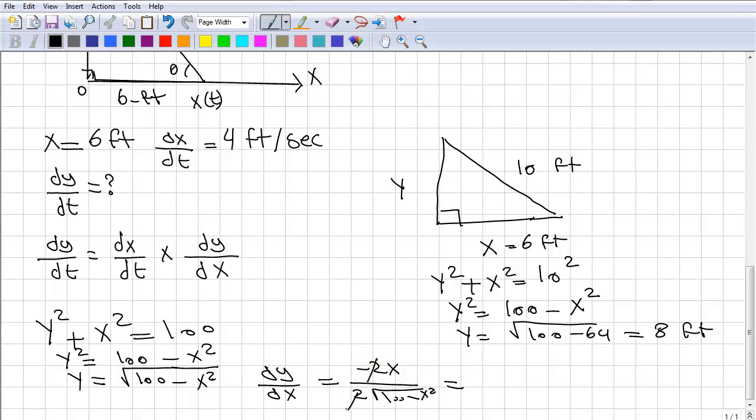And we can cancel out the 2's, and we'll be left with negative 1 times x, which is already given, which is 6, over root 100 minus 36. And that would be negative 6 over 8, which is negative 3 over 4.